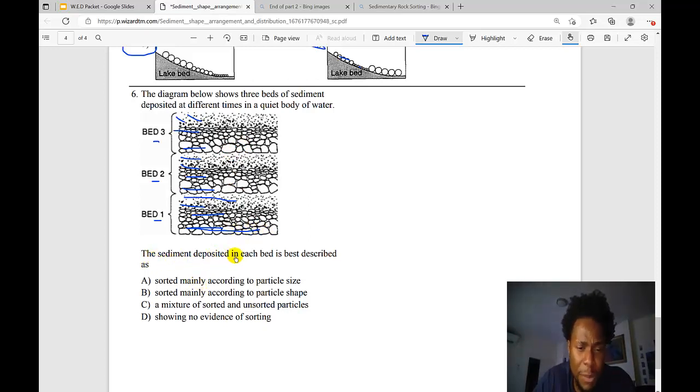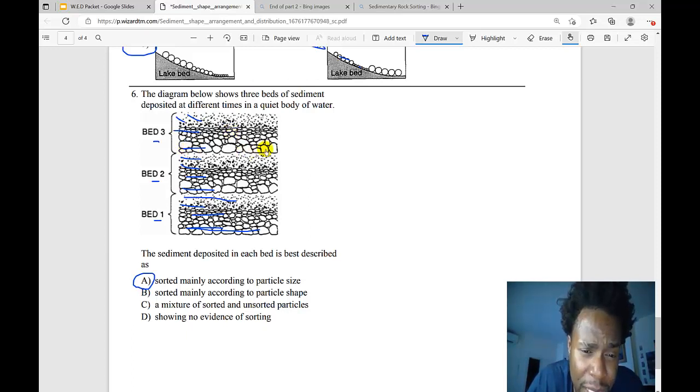So the sediment deposited in each bed is best described as A: sorted mainly according to particle size. Yeah, they look sorted according to particle size. Our answer is probably A. Let's look at B, C, D. B: sorted mainly according to the shape of the particle. This particular one is not done by shape.